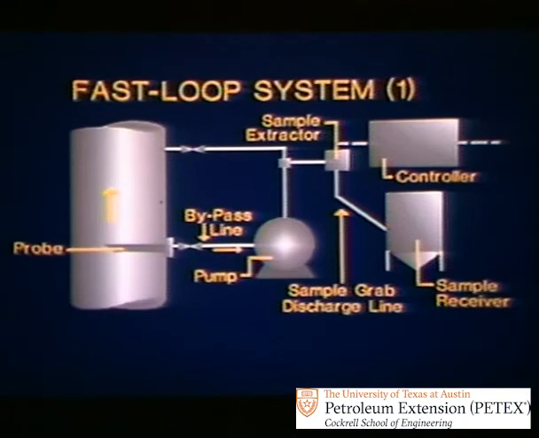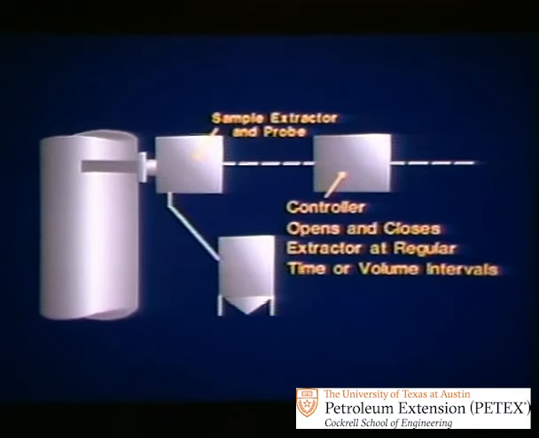Now, the fast loop system is okay, but bear in mind that it samples a sample, and representativeness can be lost. Make sure adequate mixing is maintained in such a system. The controller in the automatic sampling system operates the extractor.